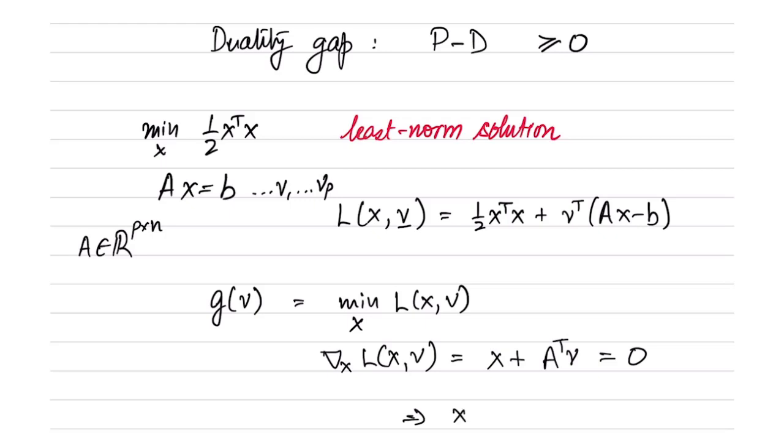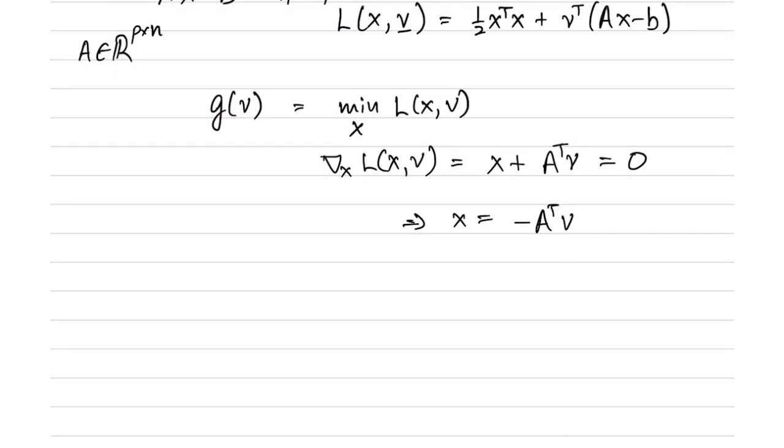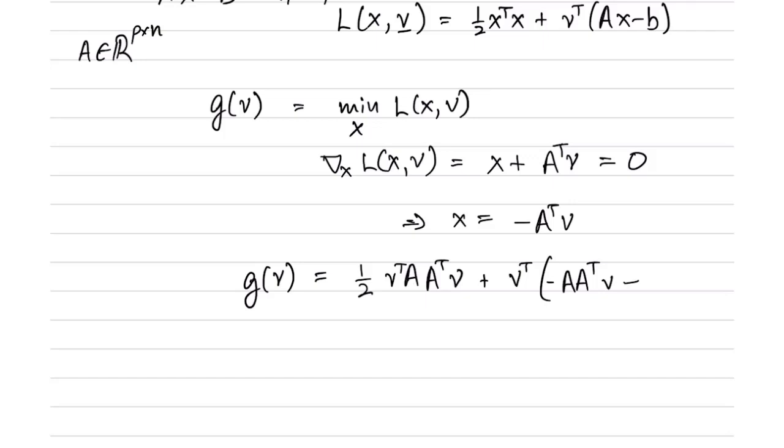In other words, we get x equal to minus A transpose nu, and if we substitute it back, we obtain that g of nu is equal to half nu transpose A A transpose nu plus nu transpose (minus A A transpose nu minus b). So the first two terms will cancel partially, and we will obtain minus half nu transpose A A transpose nu minus b transpose nu.